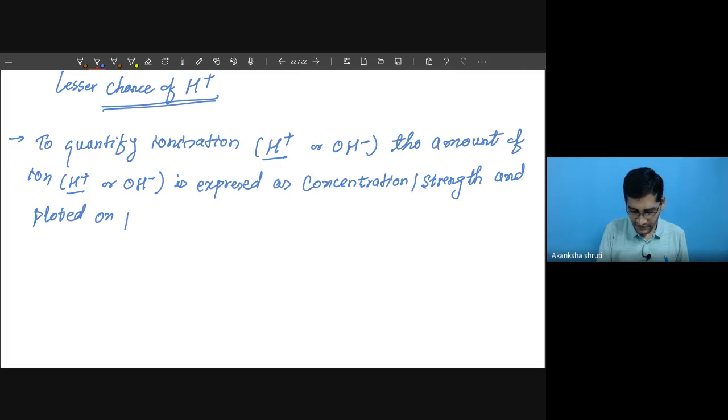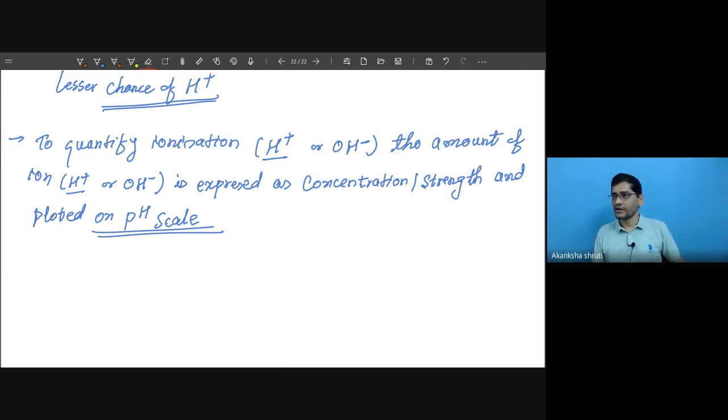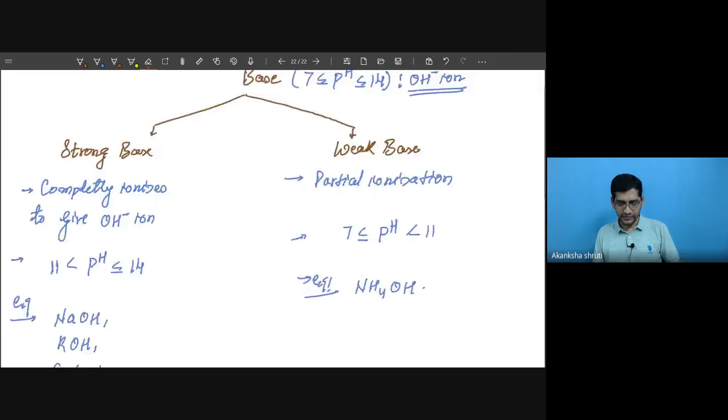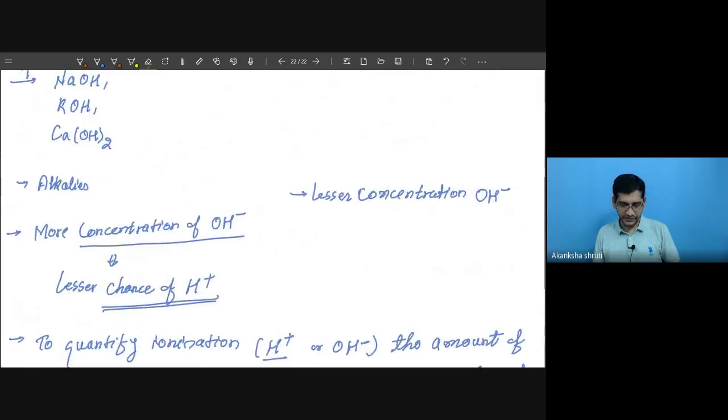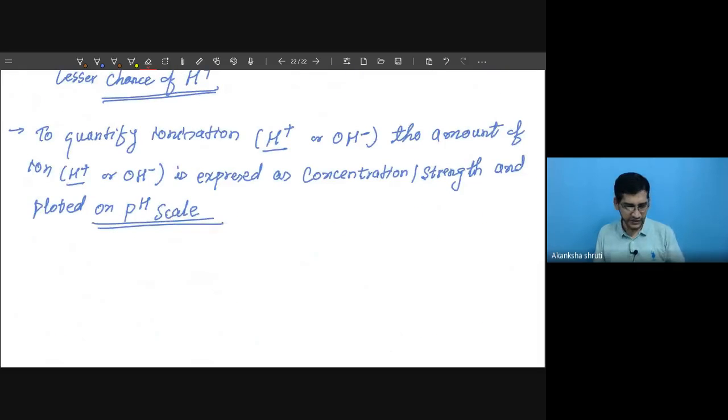So what is this pH scale? I'm going to explain that. So let us start with this topic. What is our pH scale? We have discussed strength means ionization. Based on that, the classification is stronger and weaker, acid and base. Examples are very important that you have to keep in mind.